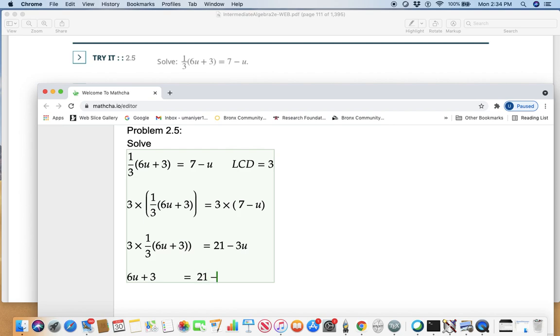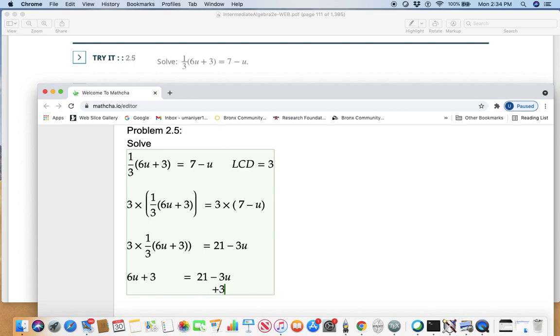equals 21 minus 3u. Well, why don't I add 3u? You see, I have a variable here, a number here, a number here. So get the variables to one side, that is negative where I see. I will add 3u to it.